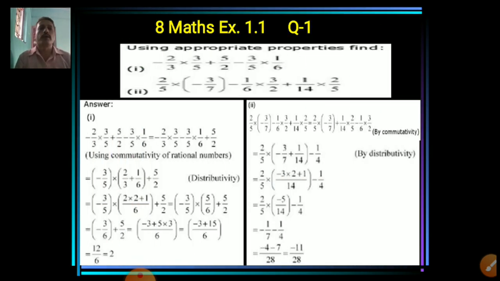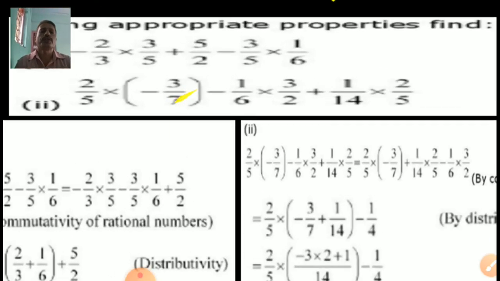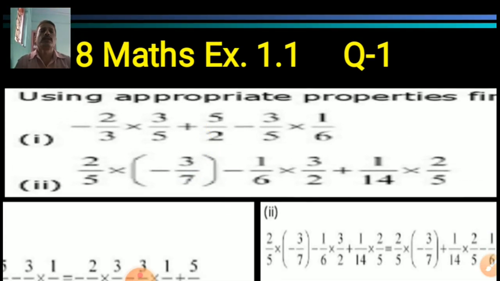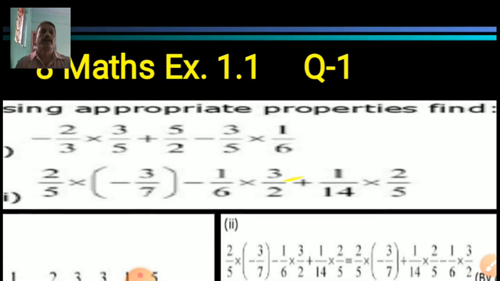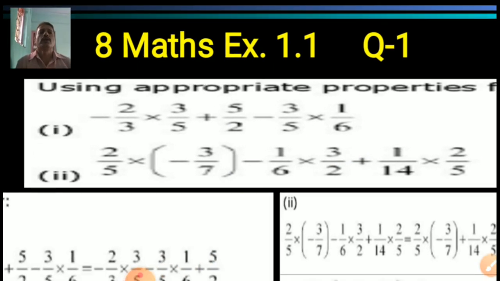Question number 1. The question is saying: using appropriate property, find minus 2 upon 3 multiplied by 3 upon 5 plus 5 upon 2 minus 3 upon 5 multiplied by 1 upon 6.